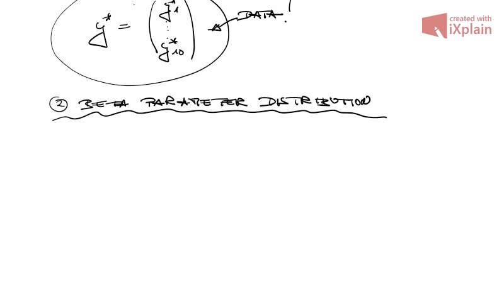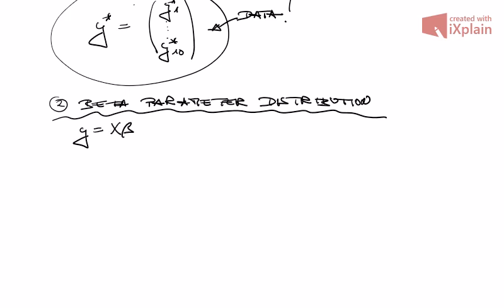Actually it is relatively straightforward to come up with the beta parameter distribution, and it just follows up from something that we have seen previously. So who knows? We have looked at a similar thing previously.